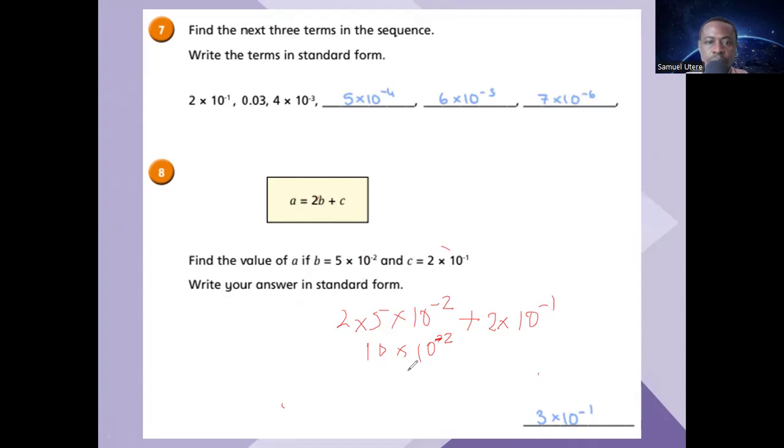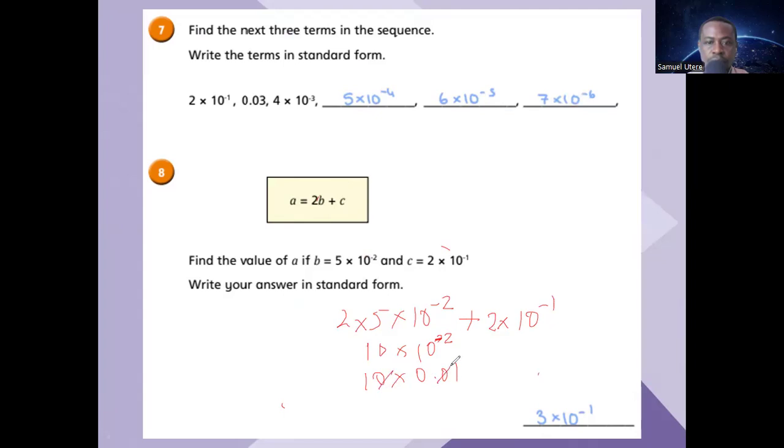Now, if we want to put this in standard form, remember 10 to the power -2 is the same thing as 0.01. Remember? Now, multiplying by 10 will improve the place value of this number.